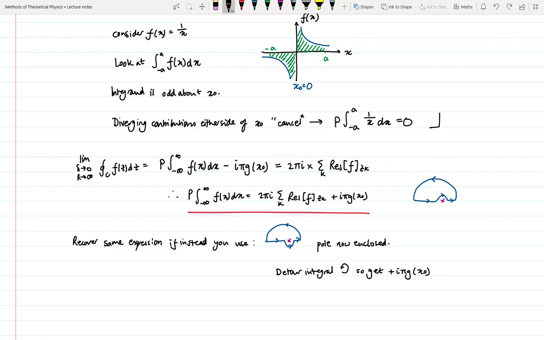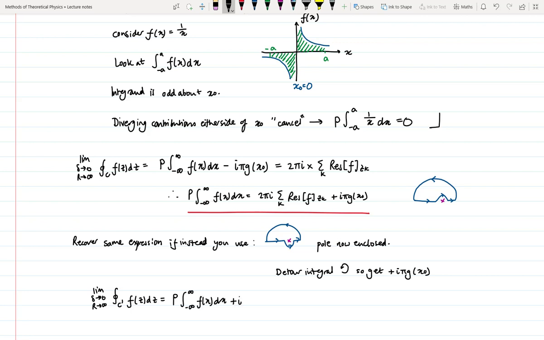If you repeat the same analysis, the limit as delta tends to 0, r tends to infinity, the integral along this new contour c primed of f of z dz. As before, we'll have the principal value of the integral.